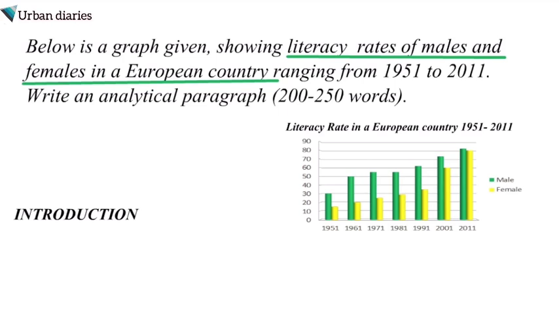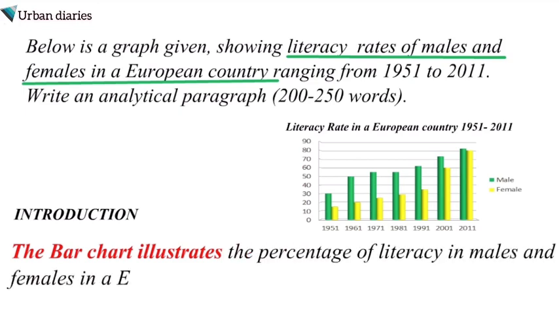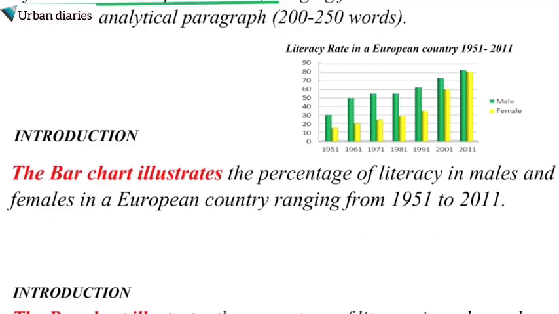You just need to add some of your own phrases in that. For example, you can start like this. The bar chart illustrates the percentage of literacy in male and female in a European country ranging from 1951 to 2011. Now we'll start writing the main body, and in that we'll write all those points which we observed through that chart. Let's see how it goes.